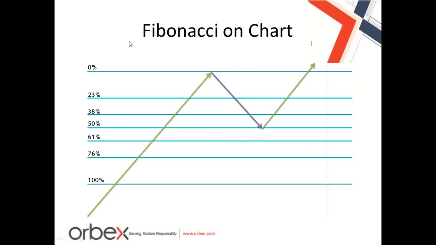So in the bearish market, the market is going down, it goes up a little bit to the 50% Fibonacci level, and then it shoots back down. So this is the idea.